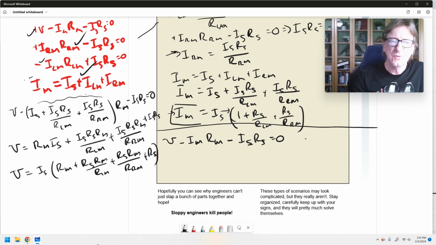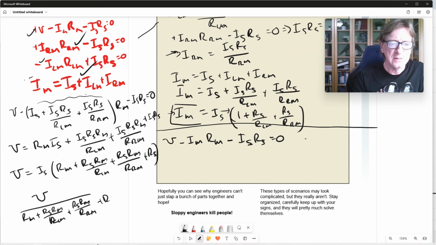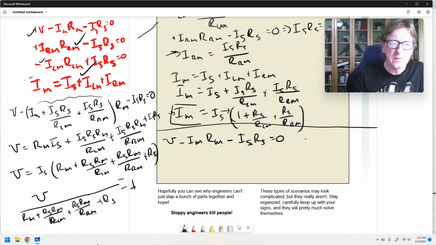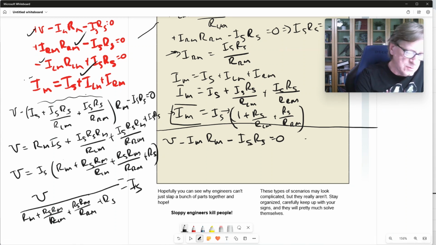And so all we've done here is we've tried to isolate our IS, and so then we'll divide all of this by that. And so I get V over RM plus RS RM over RLM plus RS RM over RRM plus RS. And so that's equal to our sensor current.